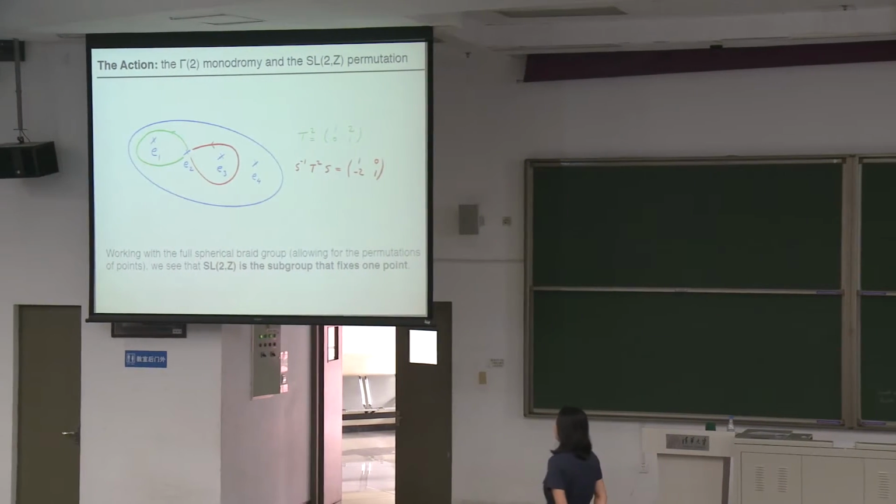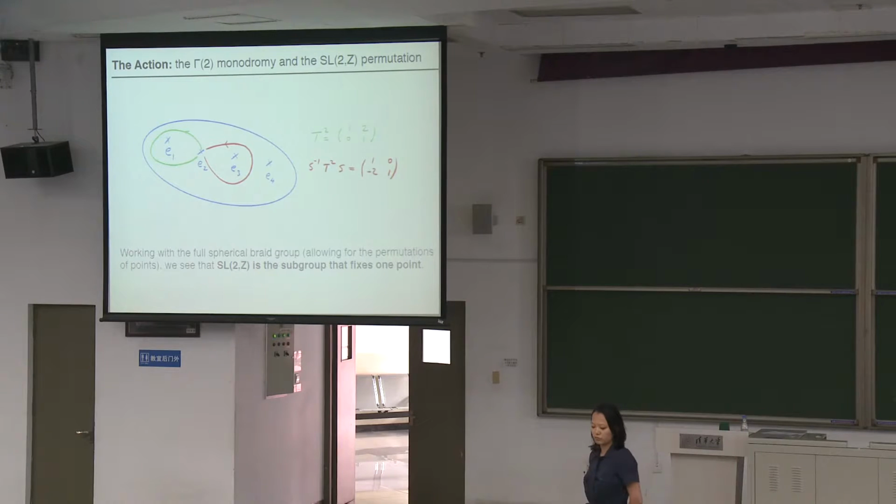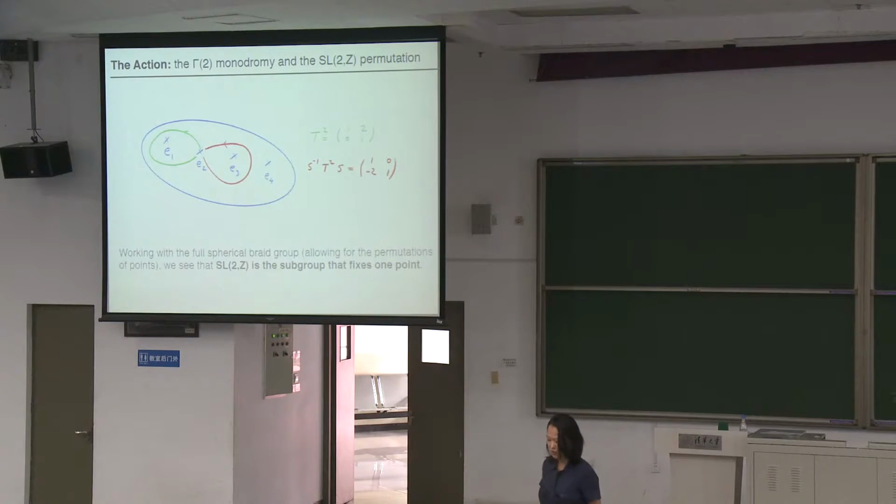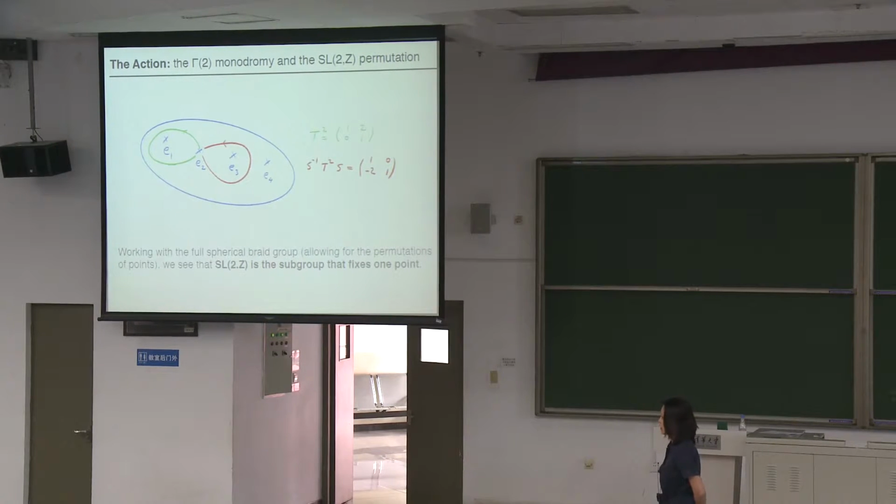We can ask, does this gamma 2 have a bit more interesting representations? And it is well known that conformal blocks of a chiral CFT furnish representations of the mapping class group.